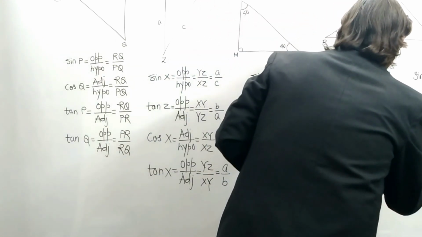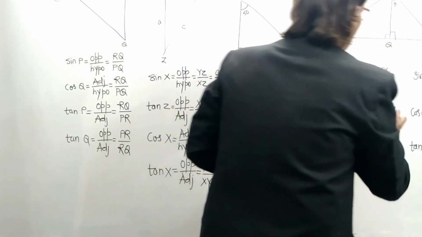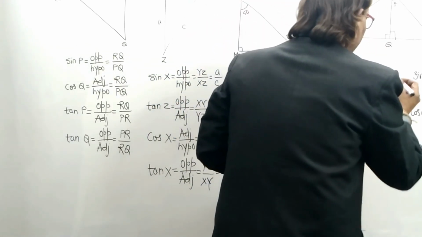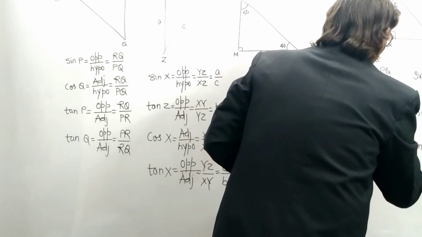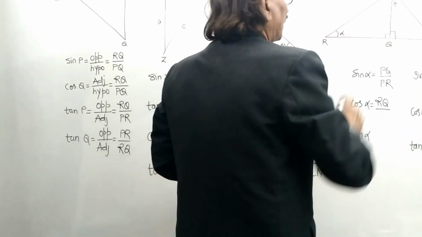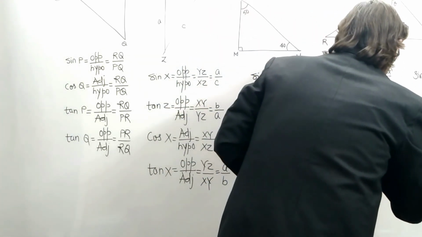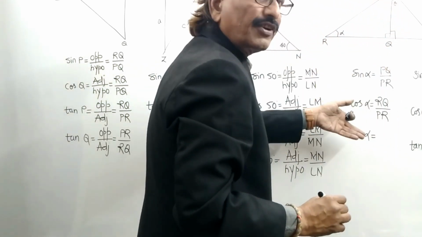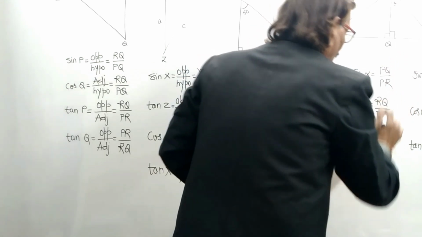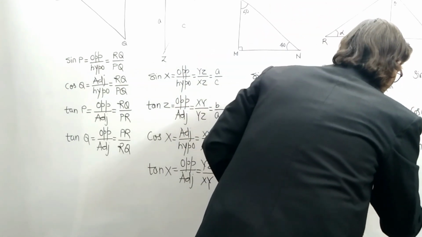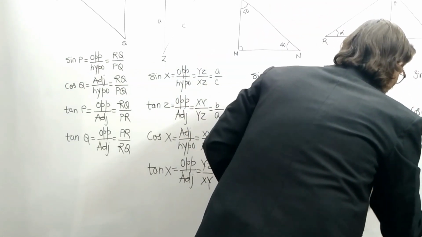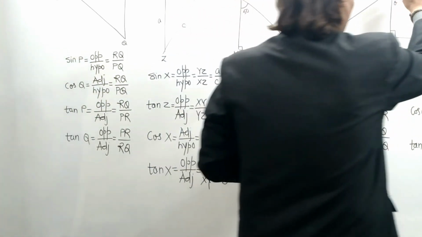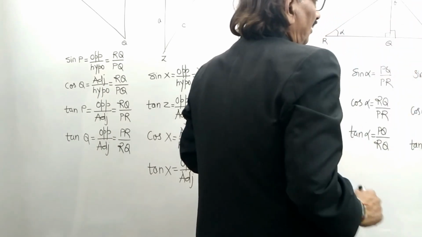Then cos alpha, adjacent. For alpha, the adjacent is RQ. I am writing directly RQ upon the hypotenuse is PR again. Looking here itself, you can write down PQ upon RQ. Next is theta. I consider triangle PQS.